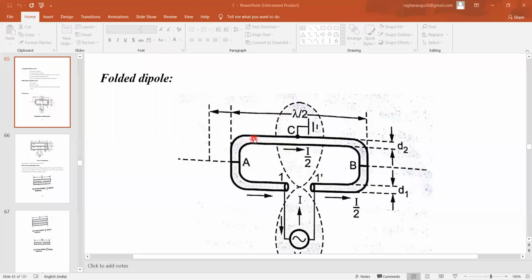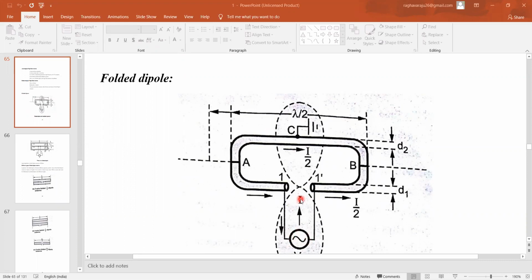So this is one metallic rod. This is the metallic rod taken here. We are bending two metallic rods in such a way that their end tips are applied to some energy source, applied as feed.